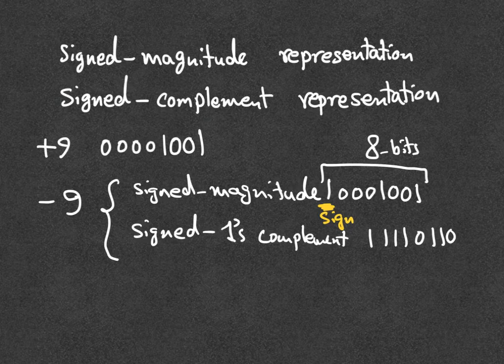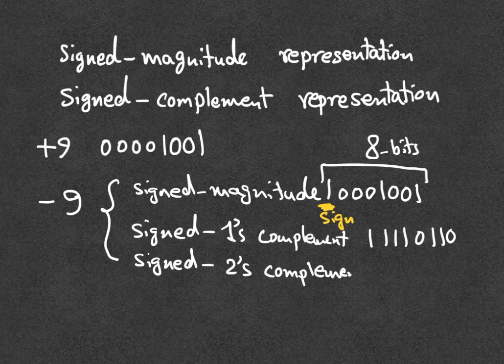So that's minus 9 in sign 1's complement. In the sign 2's complement, you're going to get 1 1 1 1 0 1 1 1. You just add 1. So that's the sign 2's complement.